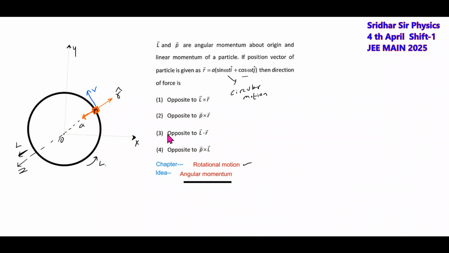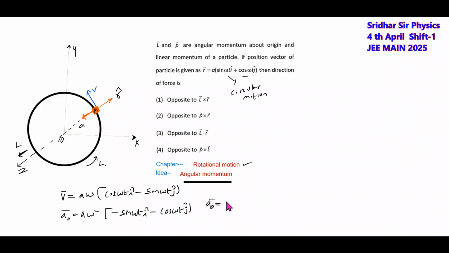Now we'll differentiate this. dr by dt gives the velocity vector, which is a omega cos omega t i cap minus sin omega t j cap. The acceleration, a naught, is a omega square times minus sin omega t i cap minus cos omega t j cap.